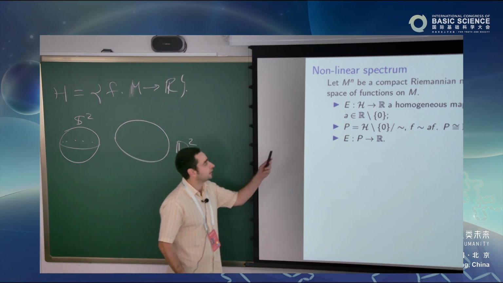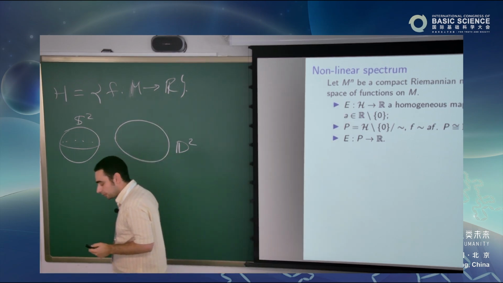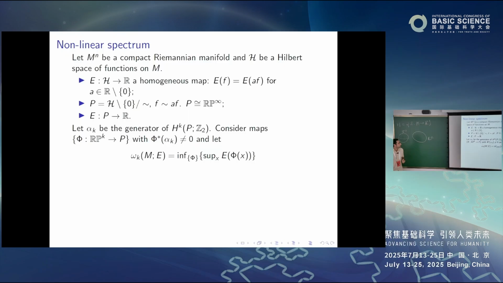So if you want to do analysis on this map and you want to find critical points of this functional, you can now do the following. You can pick this unique non-trivial element of your homology or cohomology, and we will do the cohomology, and you'll see later why it's so nice to do cohomology.